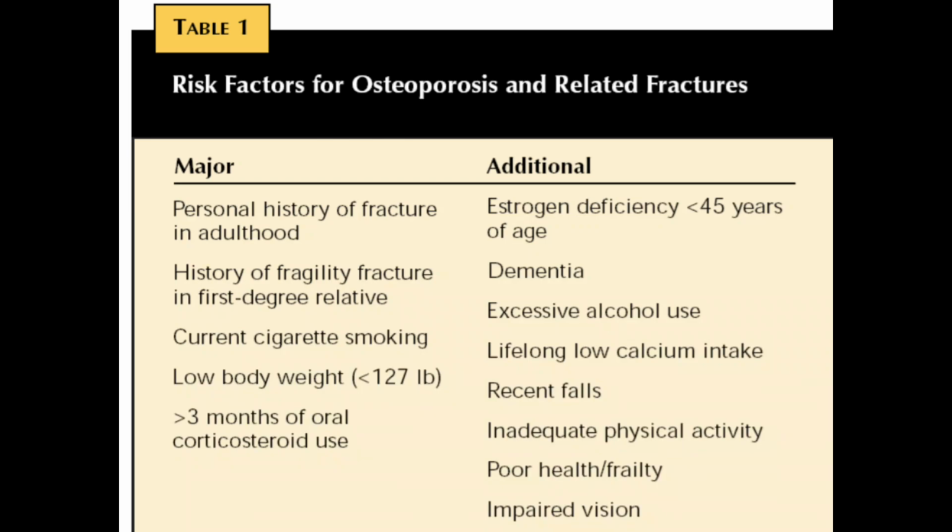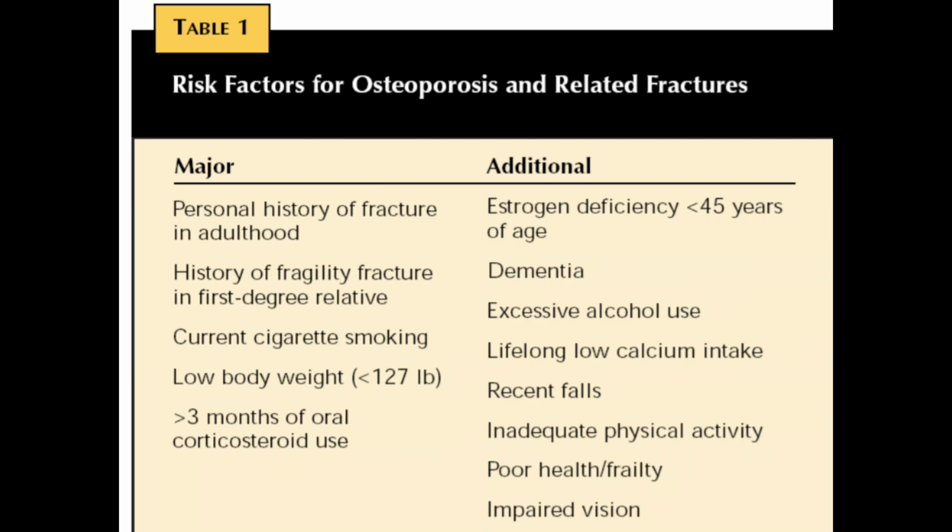So in this table we find the major risk factor, personal history of fracture in adulthood. Then you find that estrogen is deficient, especially in women less than 45 years of age. History of fragility fracture in a first degree relative.